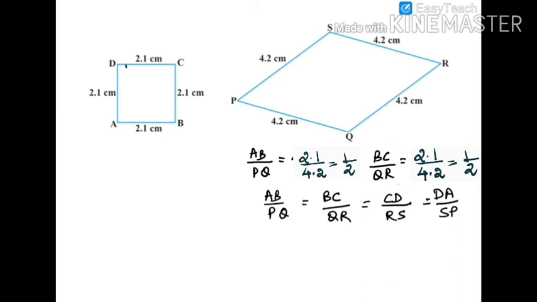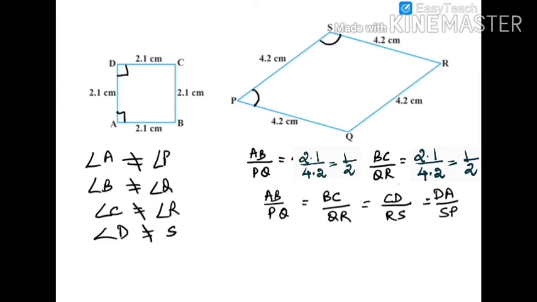However, the angles are not equal because angles P and R are less than 90, angles S and Q are more than 90, whereas angles of the square are 90 each.